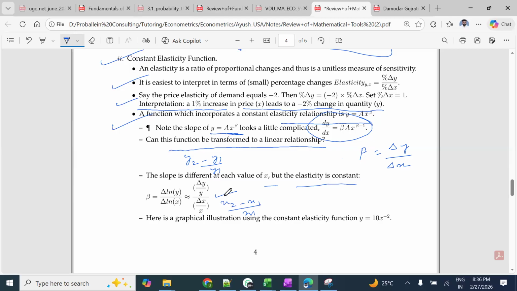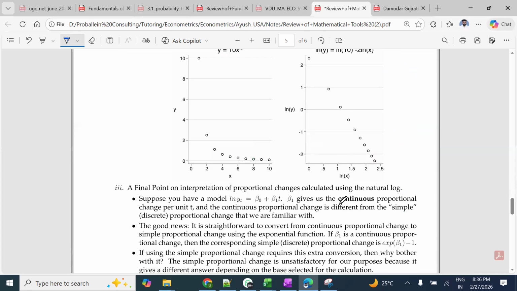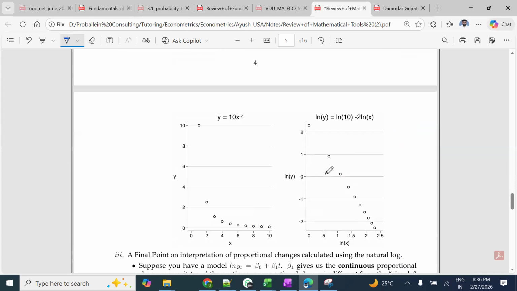Next one. Now you just see, you have taken a constant elasticity function y equal to 10 times x to the power minus 2. You can plot it in Excel.